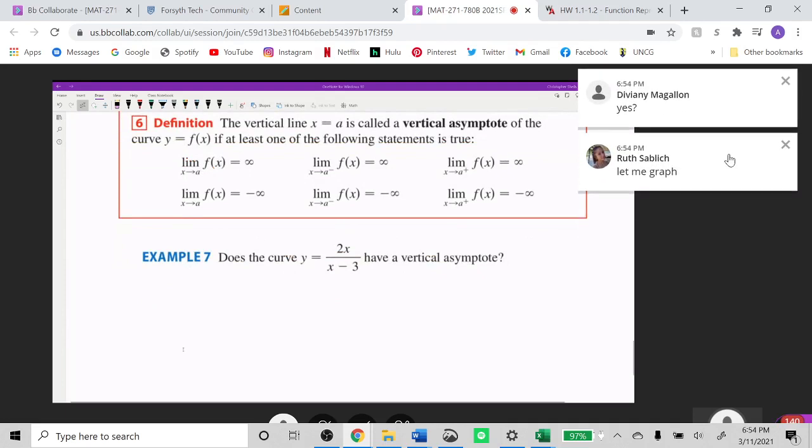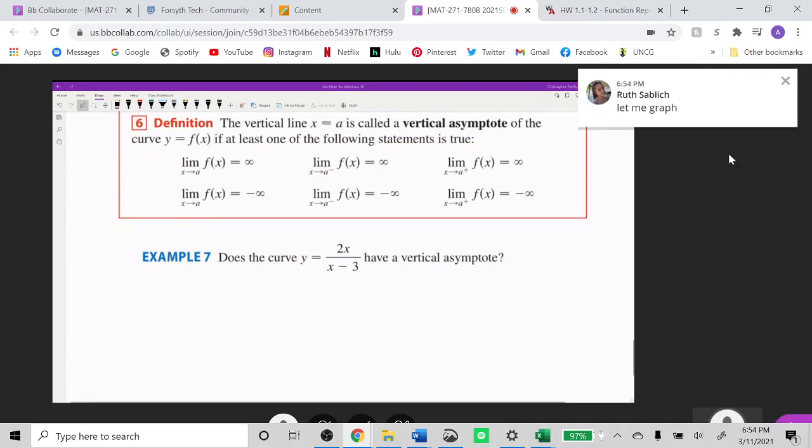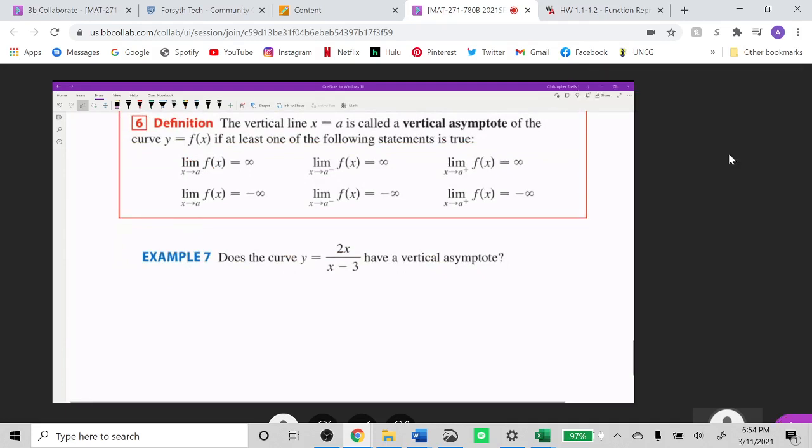Yes, this does have a vertical asymptote. You shouldn't have to graph this. It has a vertical asymptote at x equals 3. If we were to graph it, we would obtain something that looks like this.